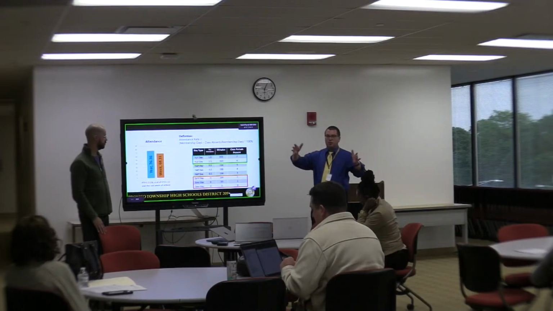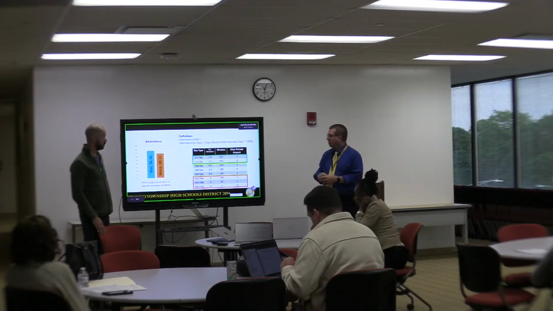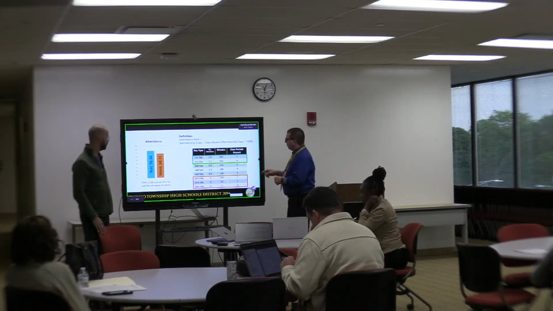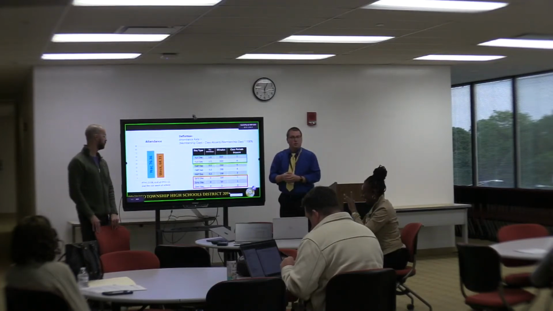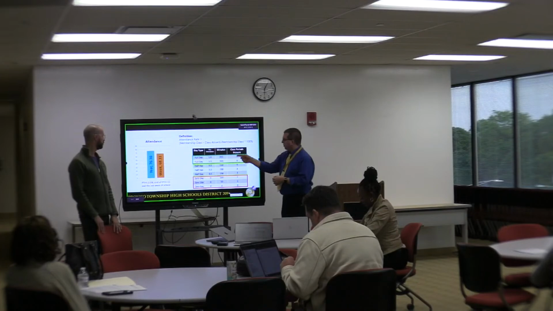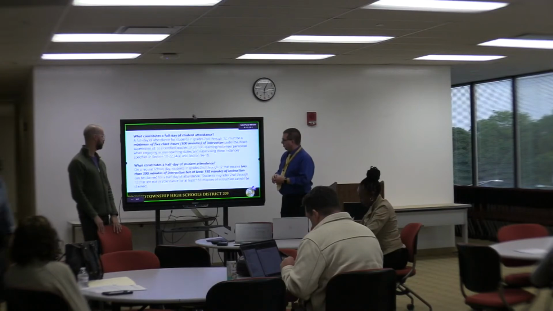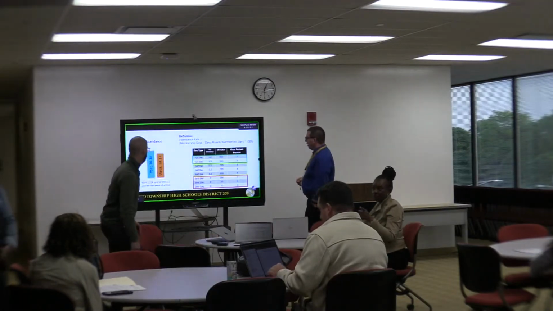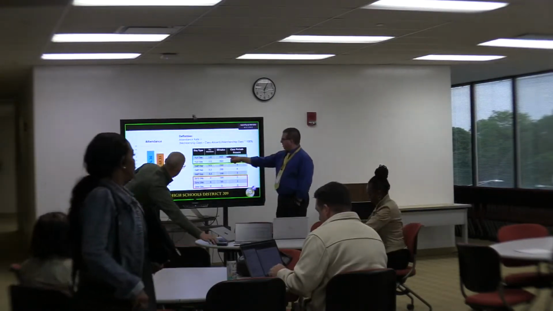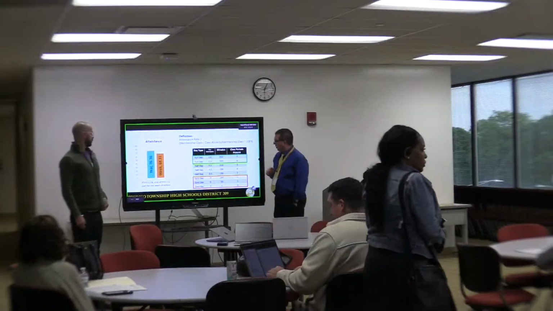So when you look at the length of the school day, take lunch out and take all the passing periods out, we have 350 minutes of full instruction for a school day. So if the student is here 7 periods, they get 350. So you get 350 minutes of instruction, so they get a full day of attendance.